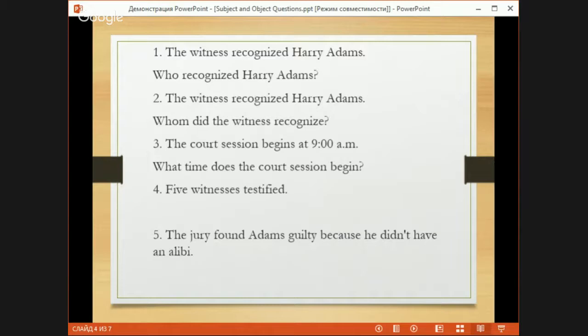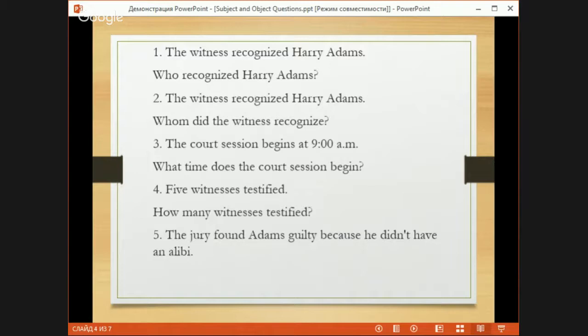5 witnesses testified. We need to ask the question about 5 witnesses. It also will be the subject, as you understand. How many witnesses? No auxiliary verbs, nothing. Testified. The jury found Adams guilty because he didn't have an alibi.